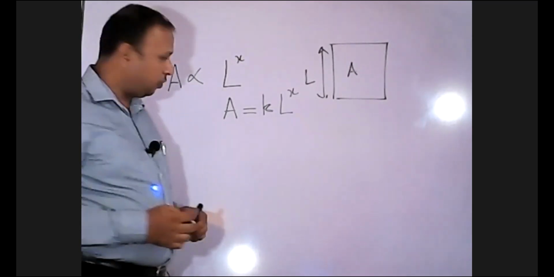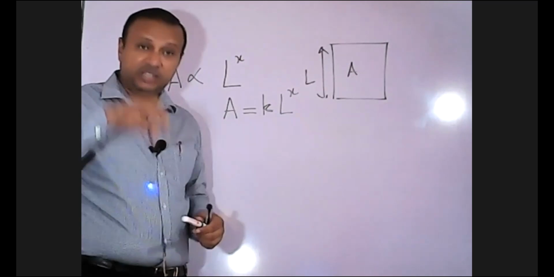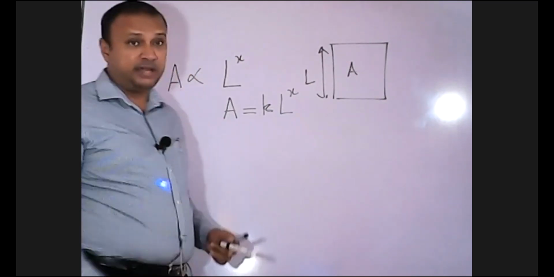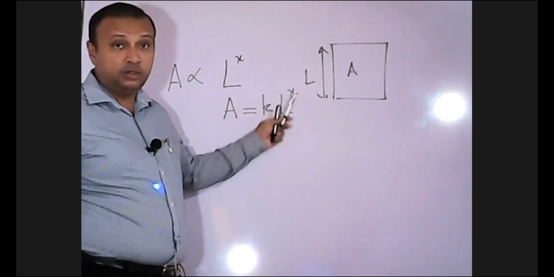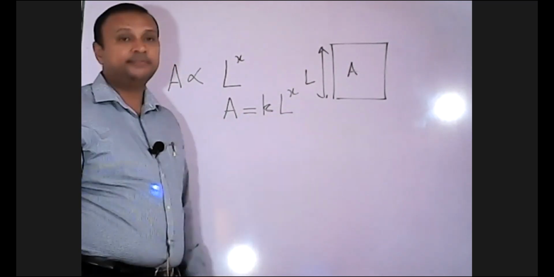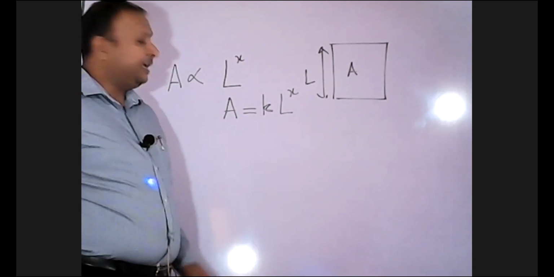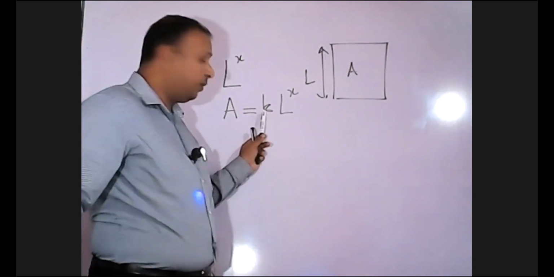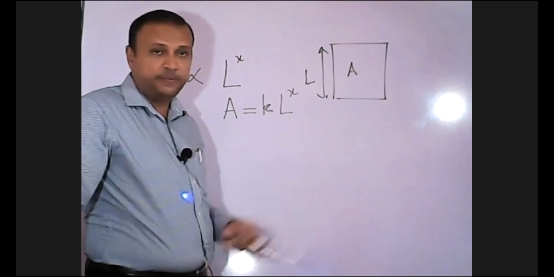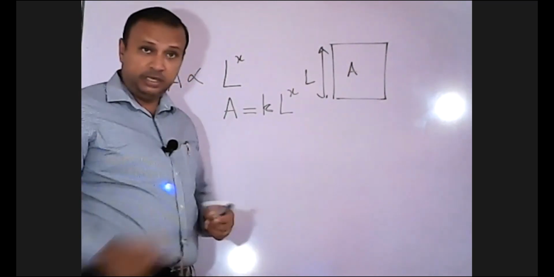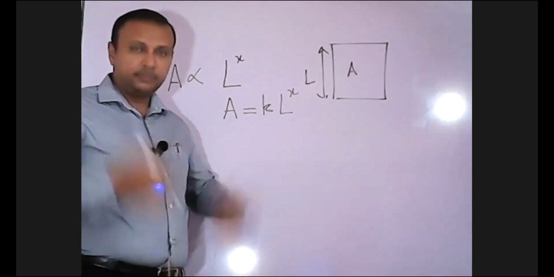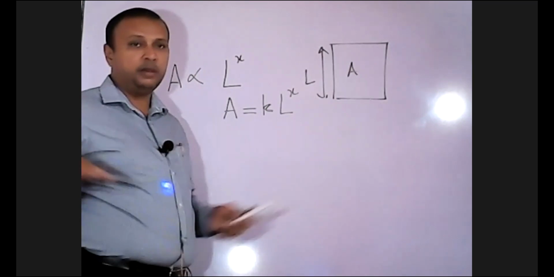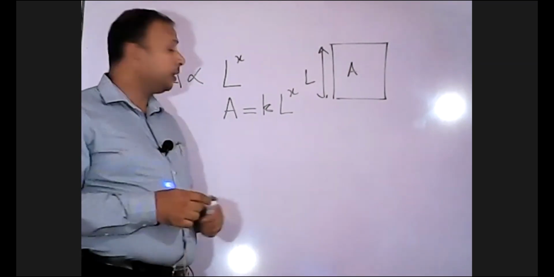In this method, we are going to determine these two values to determine an equation. As I told you earlier, we cannot find the value of K. That should be given by the examiner or by the question, the person who prepared the question.